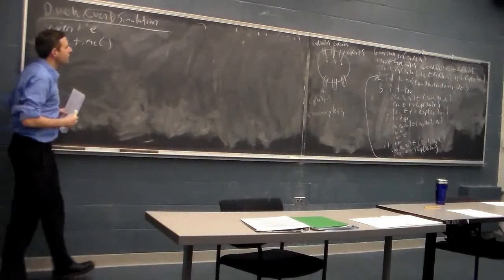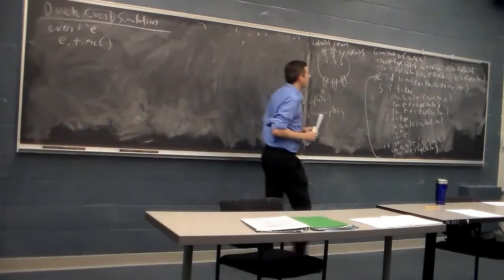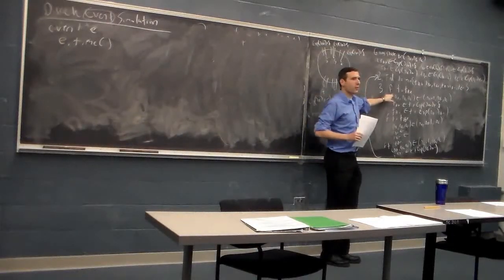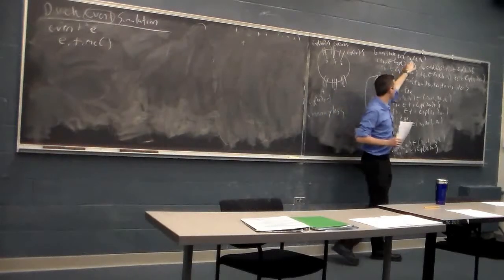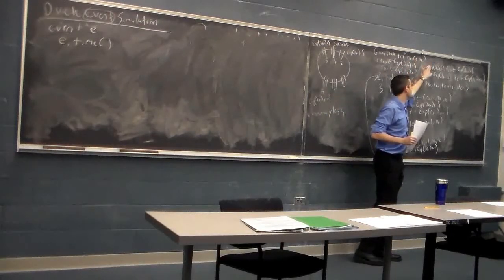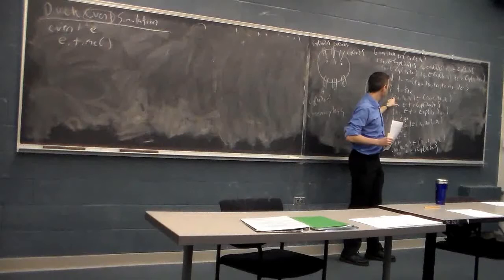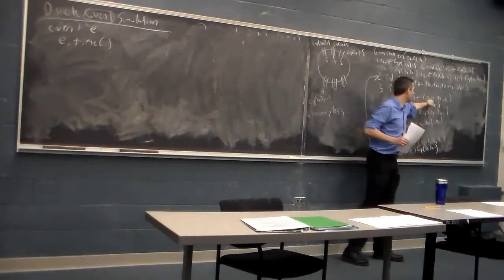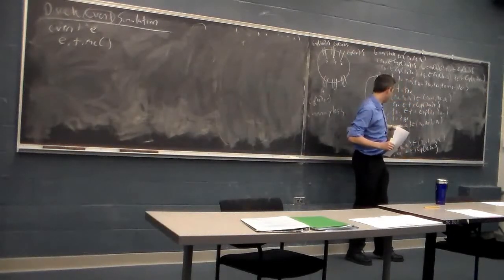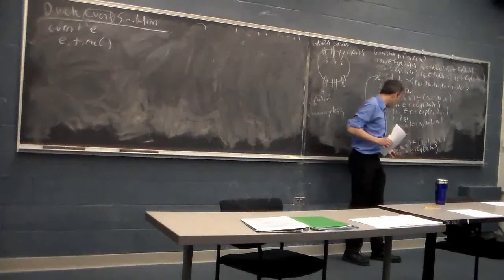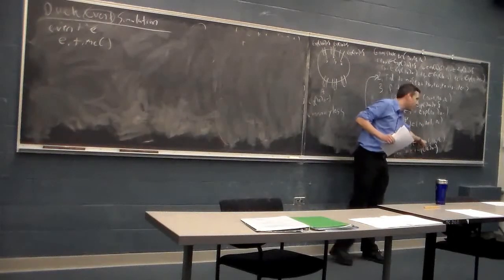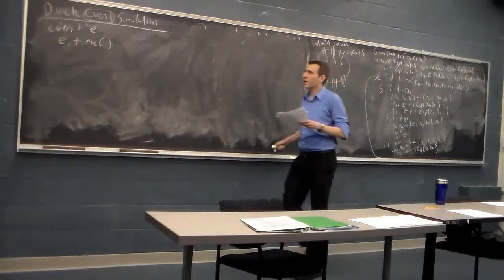We would also need to recognize that an event does something to the state of the model. Here, the state of the model is this vector N_A, N_B, and N_C, and this event has the effect of increasing N_A by 1. This event has the effect of increasing N_B by 1. This event has the effect of decreasing N_A by 1, and so forth.